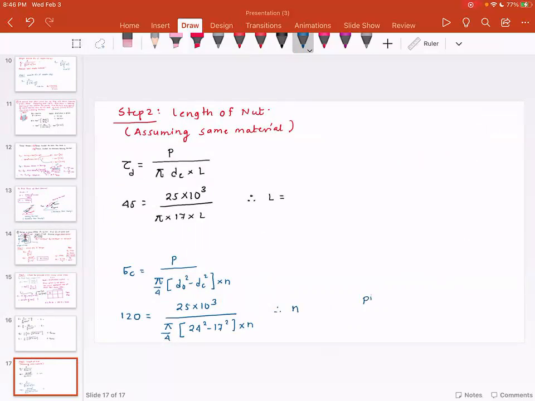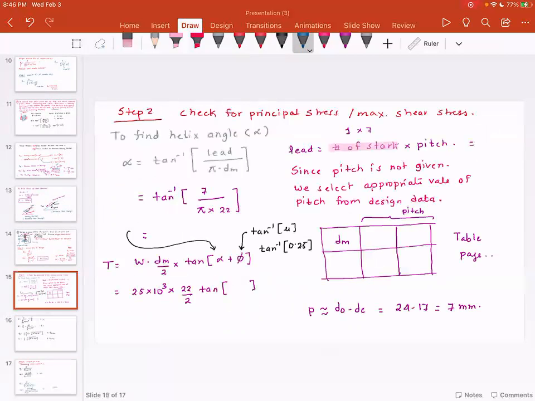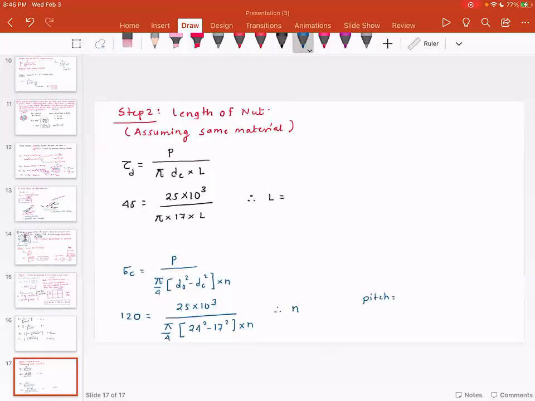I know the value of pitch that we determined, 7 millimeters. So pitch comes from here, 7 millimeter from step 1. And I can find out the length is n multiplied by 7.